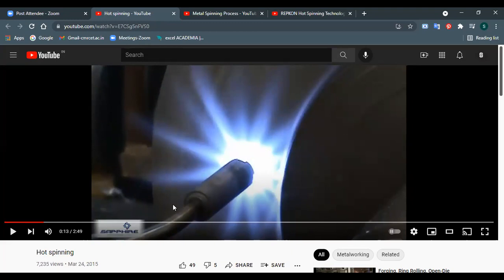And this is done using gas welding or gas flames, as we have discussed in welding. Those are used to increase the temperature of this sheet.